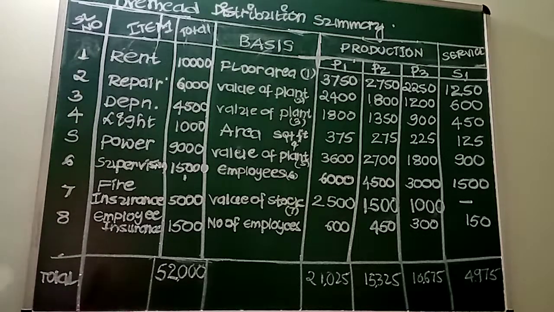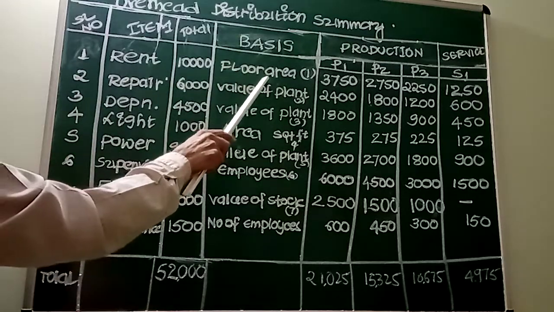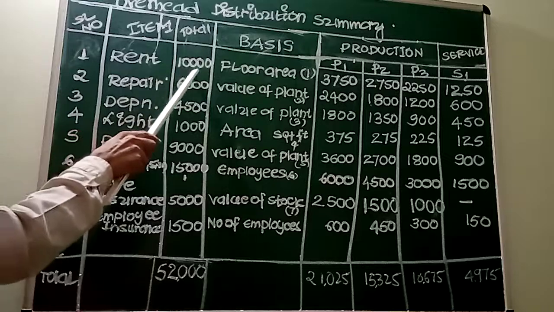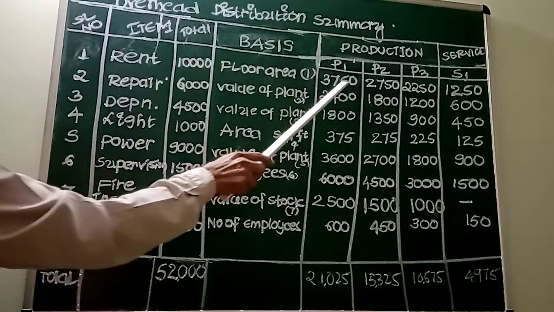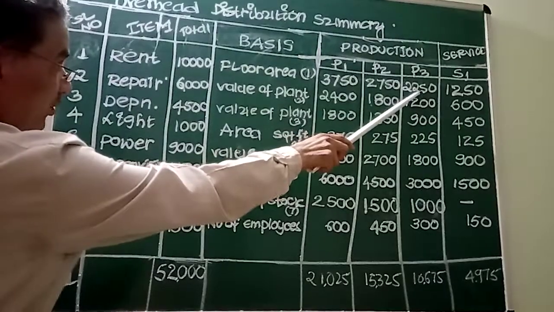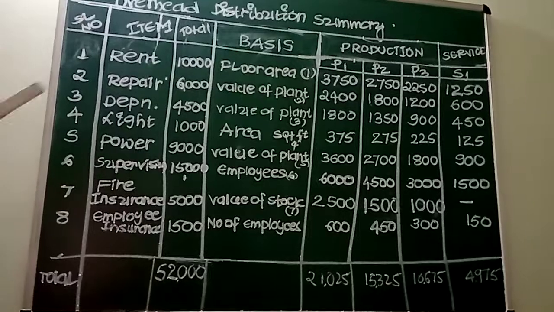You simplify it into a ratio, you will get 15 is to 11 is to 9 is to 5. You can look at the additional information table. There the area occupied information is available to you. If you share 10,000 rupees in that ratio, you get 3,750, 2,750, 2,250 and 1,250. This is about the rent.